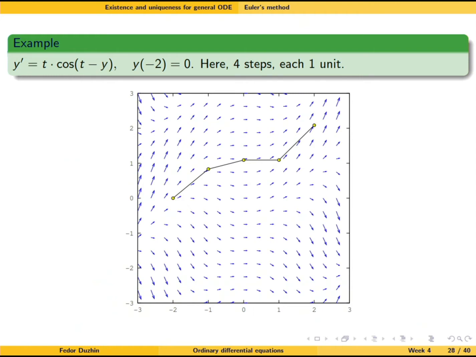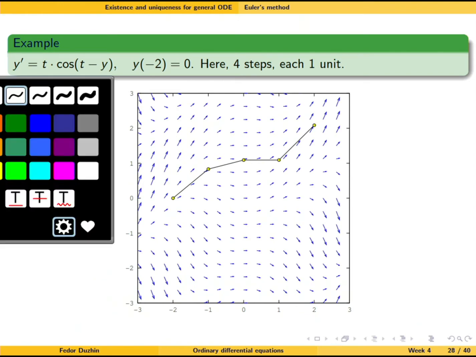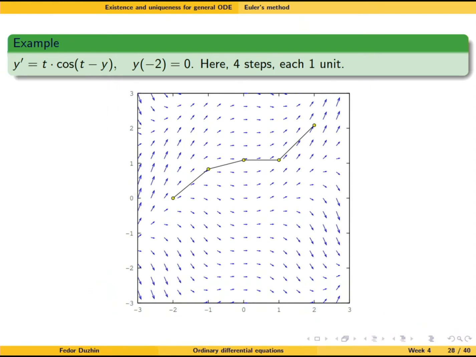And so if we look at the direction field of the differential equation, and suppose that we want to construct a solution of a certain initial value problem, right? So suppose that here the initial value of t is -2. So -2 initial value of t, and initial value of y is 0.